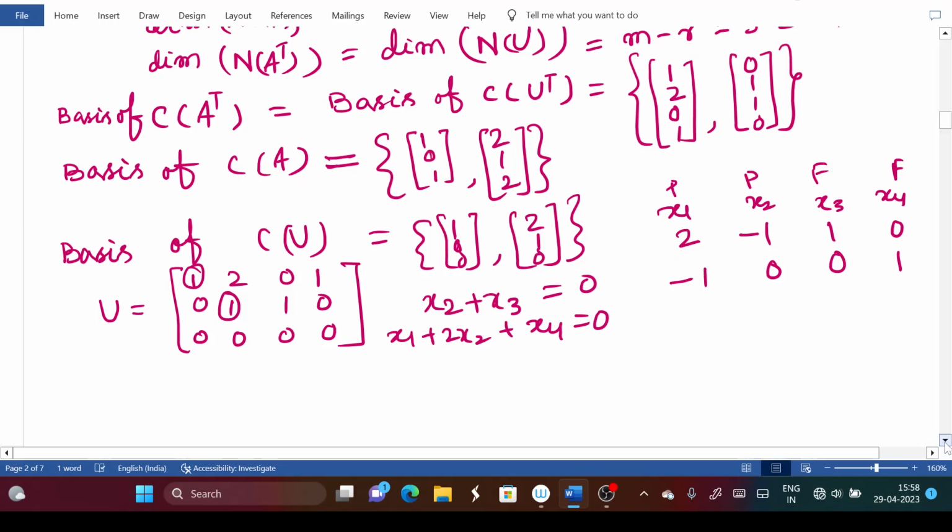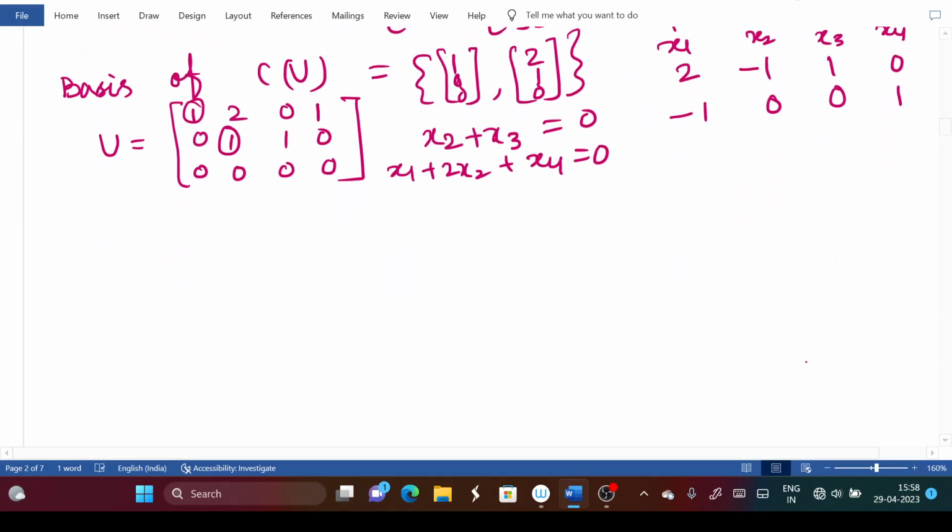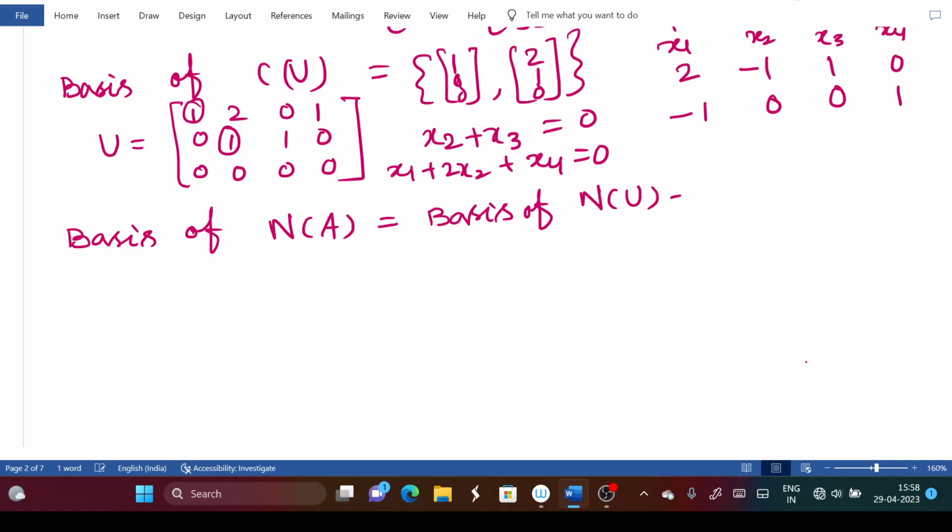So I got my basis of null space of U, hence basis of null space of A is equal to basis of null space of U, that is equal to {2 -1 1 0} and {-1 0 0 1}.